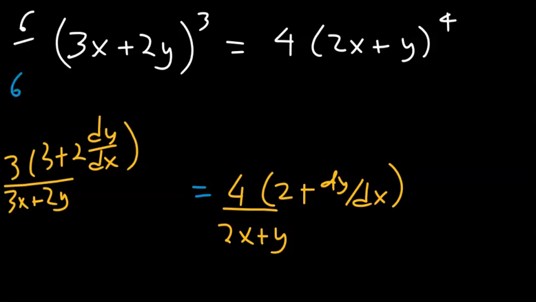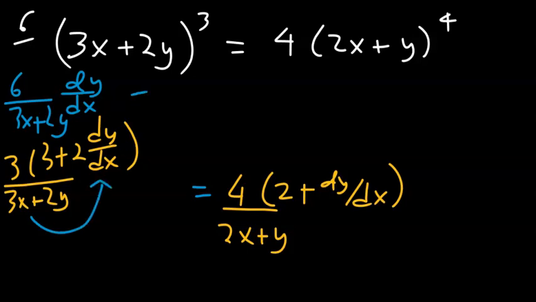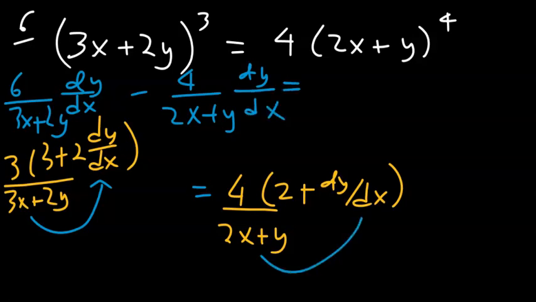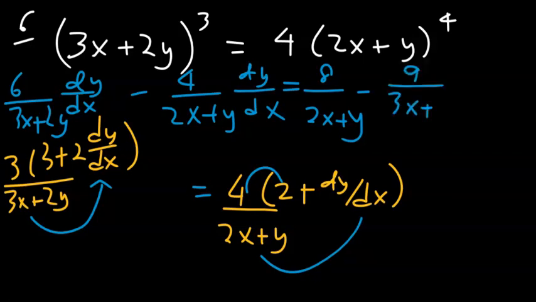You're going to get 6 over (3x plus 2y) dy/dx, that's that term, minus 4 over (2x plus y) dy/dx, that's that term, equals 8 over (2x plus y), that is this term, minus 9 over (3x plus 2y), that is this term.